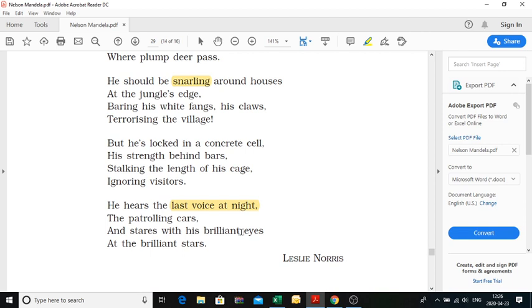Okay, now let me check your common sense. Why do cars patrol at night?